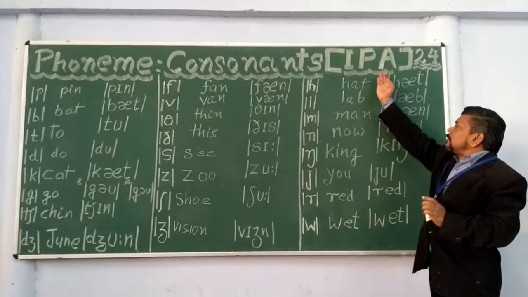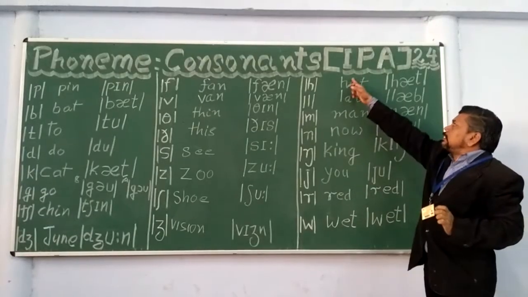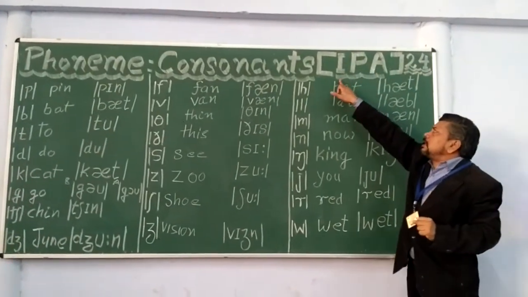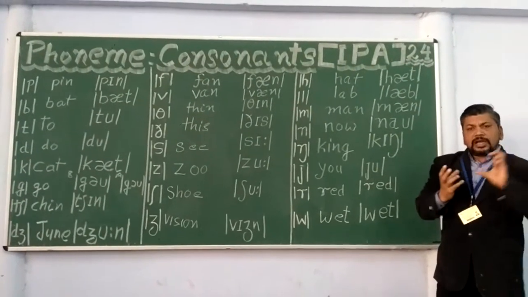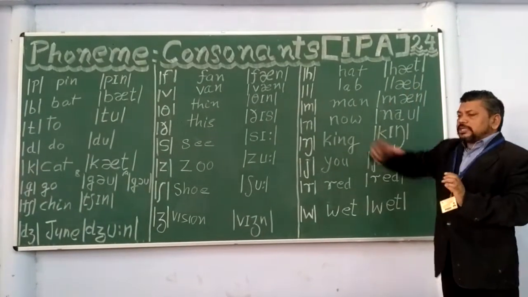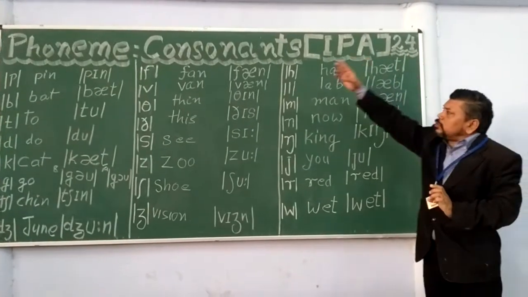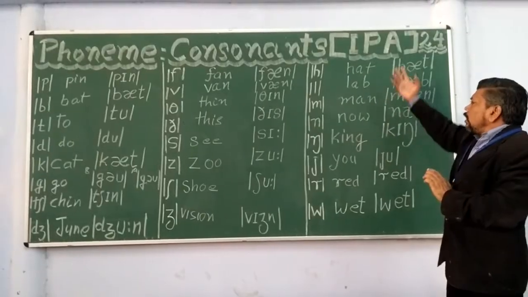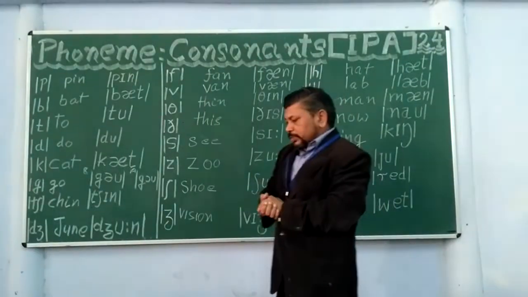The International Phonetic Association recommended the International Phonetic Alphabet, and that alphabet has 44 letters for English, of which 24 are consonants.